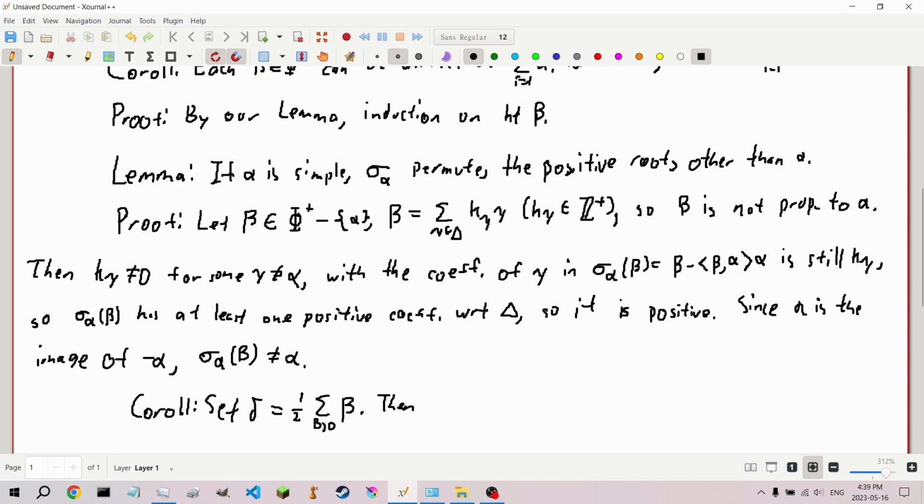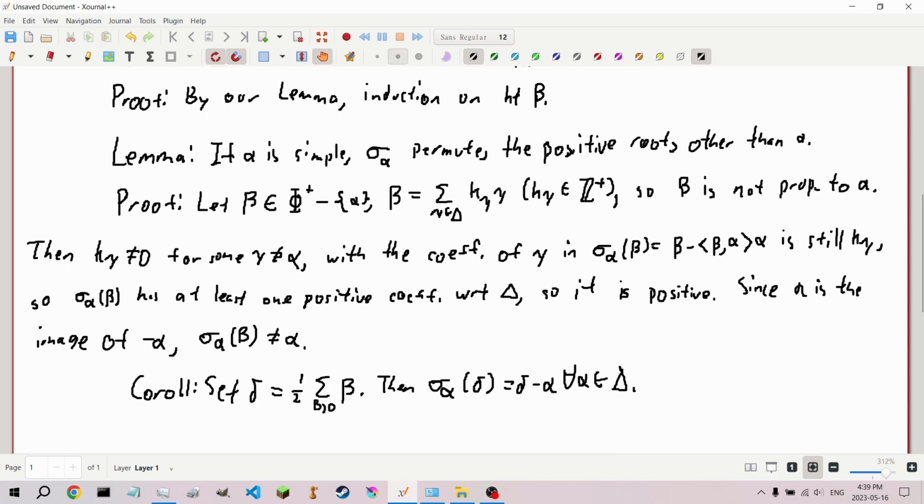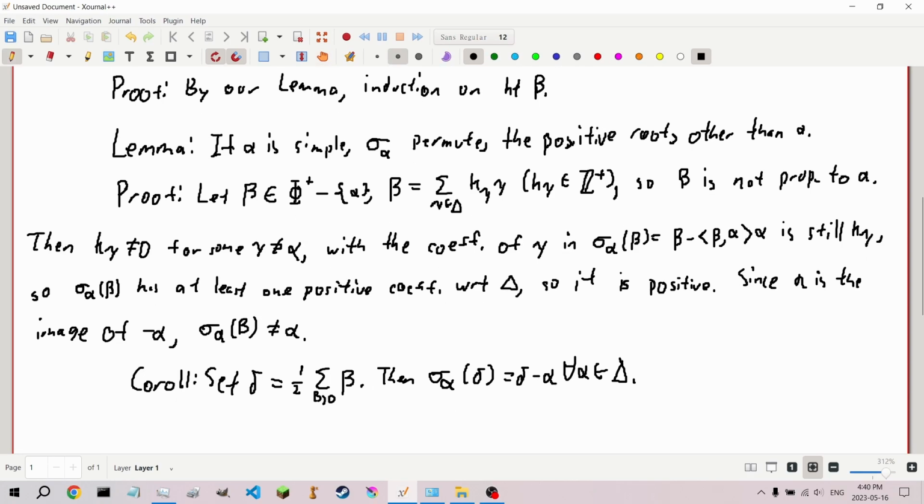Then sigma alpha of delta is delta minus alpha for all alpha in our base. That's just by the lemma, straightforward. So that brings us to another lemma.